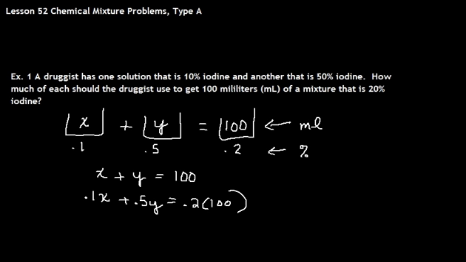So my first equation is just X plus Y equals 100, and I'm going to move my decimal point over. So I'm going to have X plus 5Y equals 200. I forgot the 5. And then we can just use elimination.